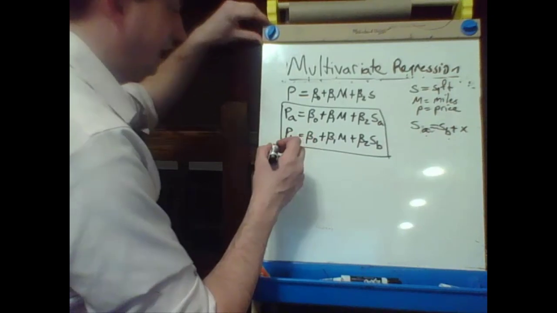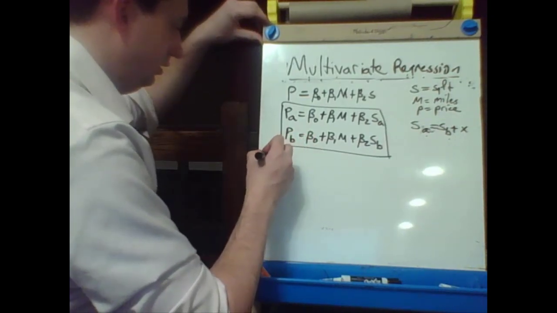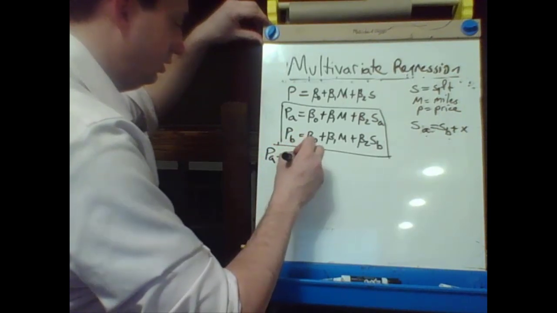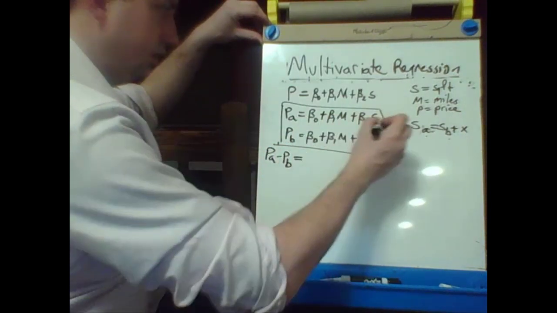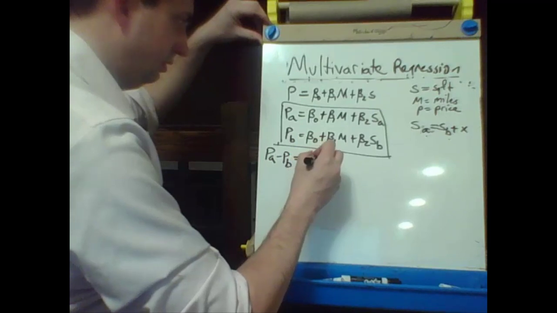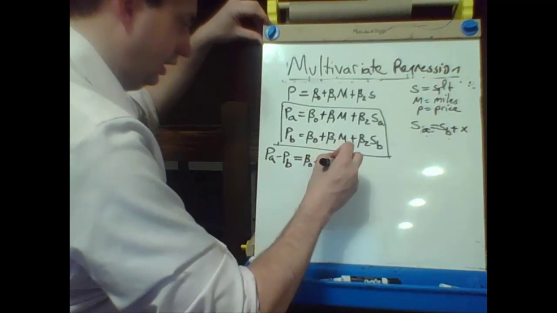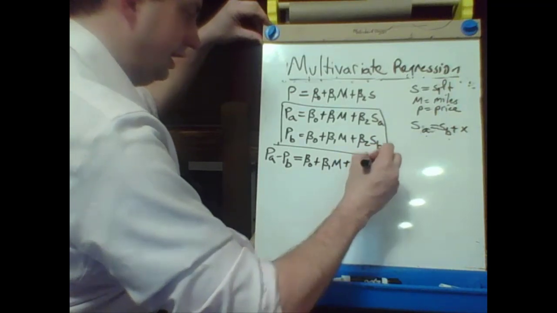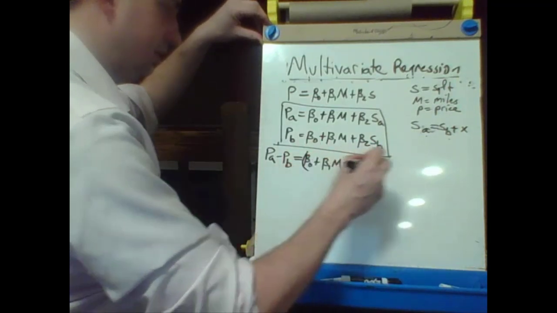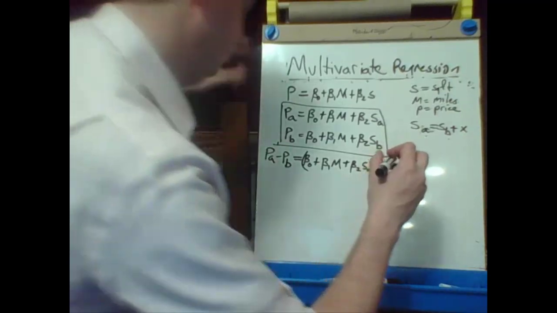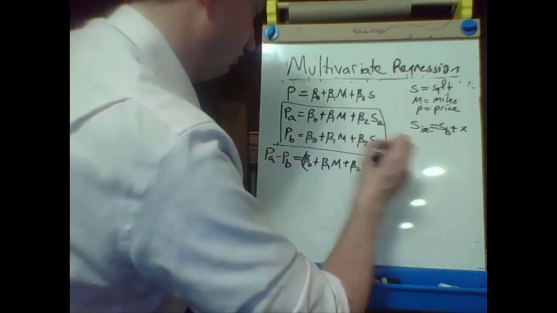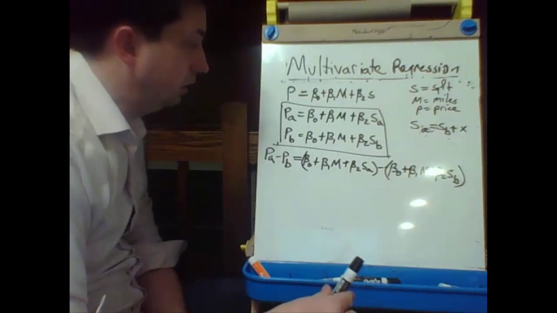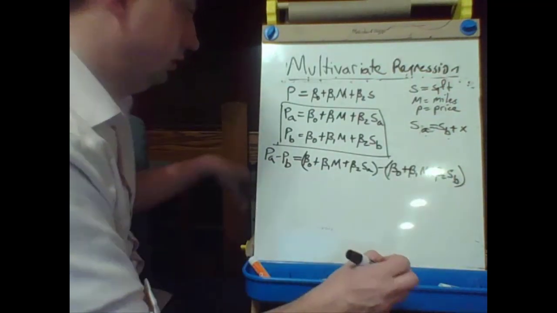That means the change in price equals this value, beta 0 plus beta 1 M plus beta 2 SA, minus this section right here. We agree this works. This is the change in price.